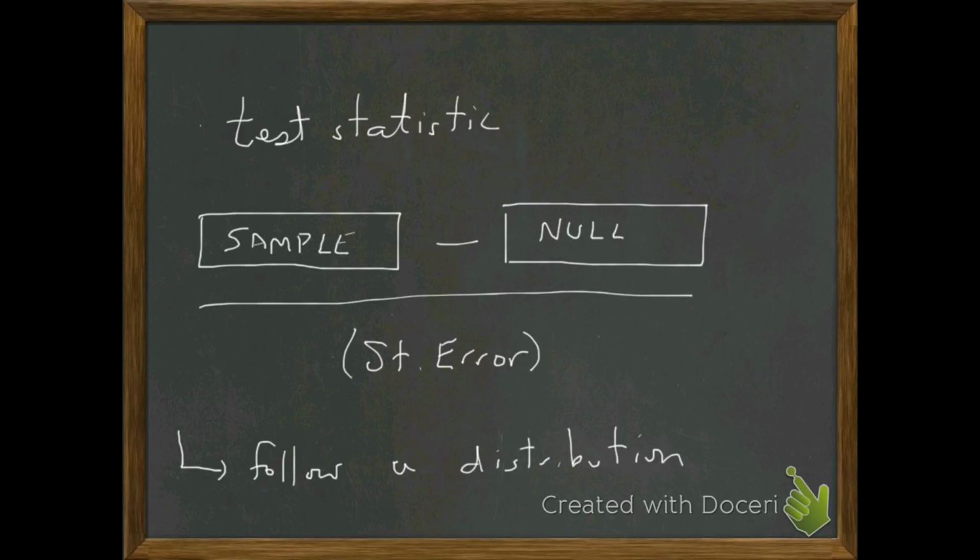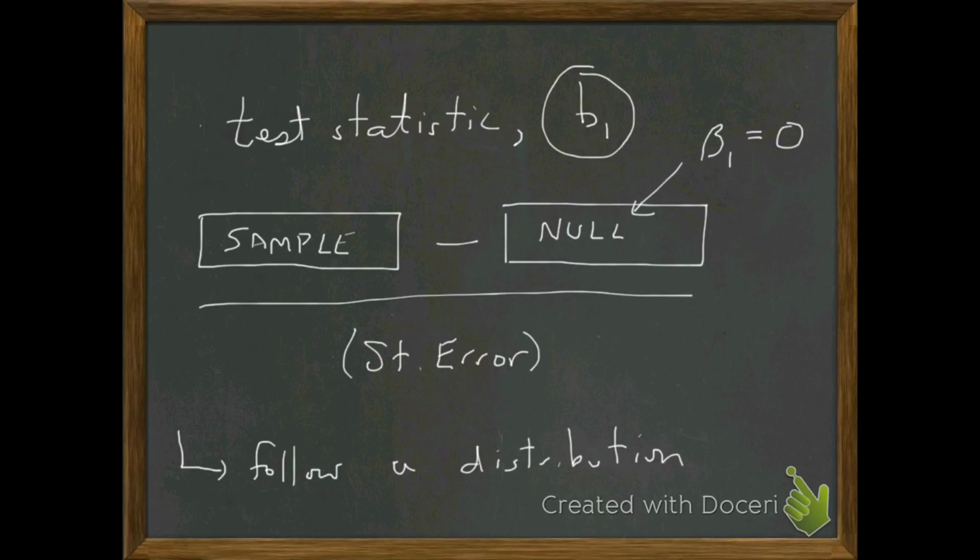Well, guys, in our problem here, our test statistic is going to be a function of B1. Our null, of course, is that beta 1 is equal to 0.